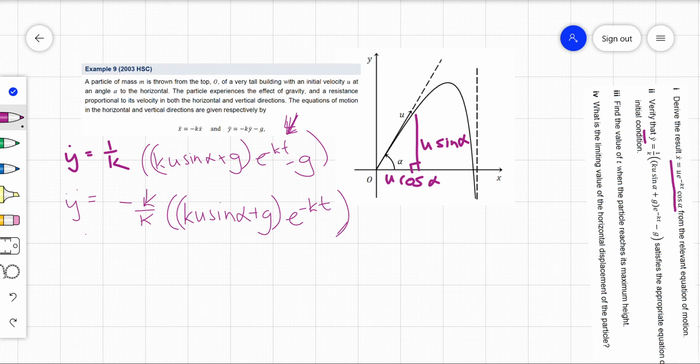So I just get all this, which is equal to minus, now I need to express it in terms of y dot. So this is going to become a minus 1, but I want a 1 on k, so I can go minus k and times it by 1 on k, and that's still minus 1. I've still got the ku sine alpha plus g in there, e to the minus kt.